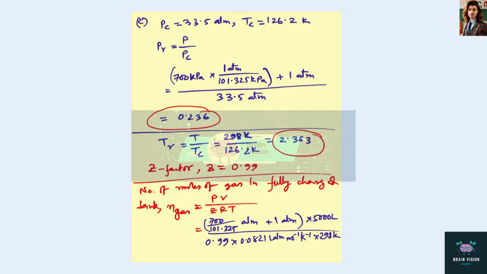Temperature 298. Therefore the number of moles of gas we get is 1632 mole.